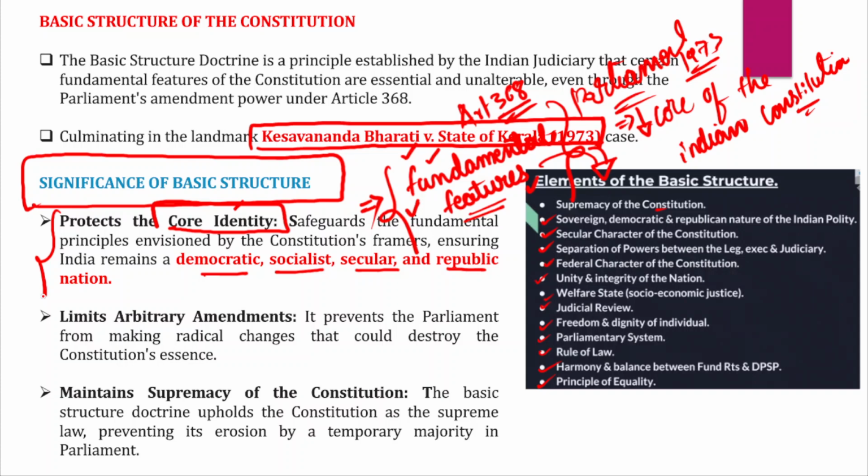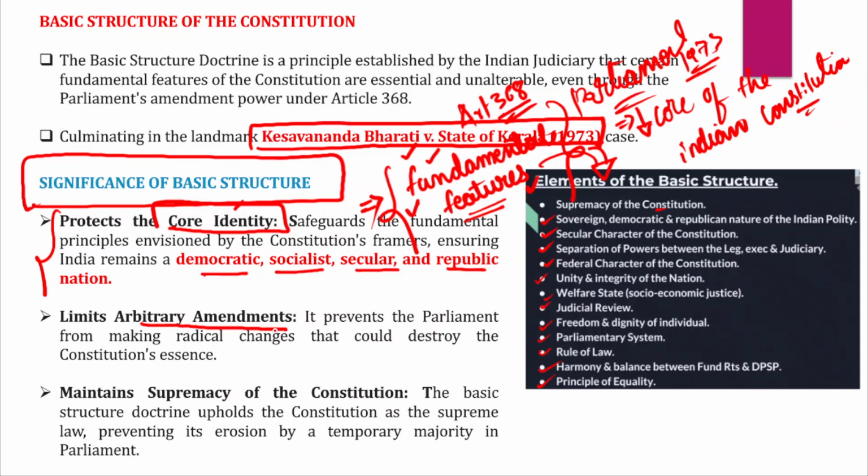As its role, as its duty to protect the Indian Constitution, it pronounced this basic structure doctrine in the Keshwanand Bharati judgment. So apart from protecting the core identity of the Indian Constitution, the Keshwanand Bharati judgment of the basic structure doctrine also limits the arbitrary amendments made to the Indian Constitution.